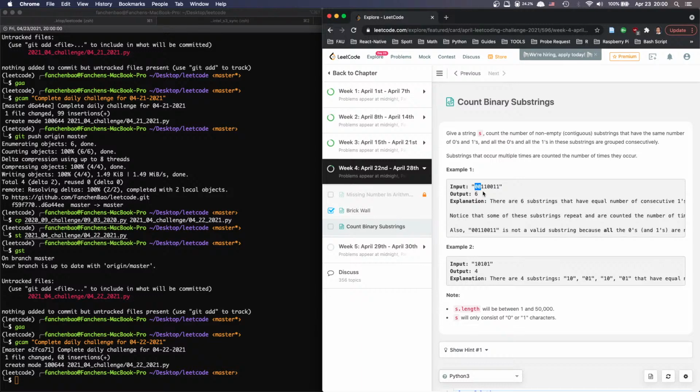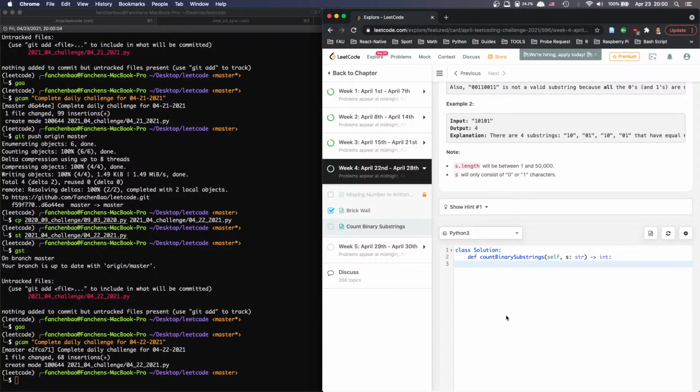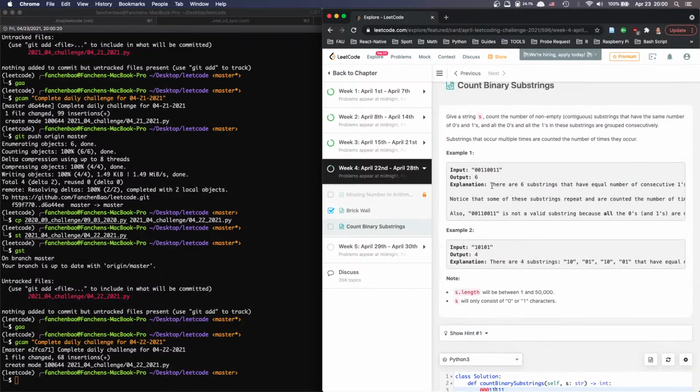Like if we have 0, 0, 0, 3 zeros, and 1, 1, we're going to have 2, the smaller of the 2, right? And if we have tons of 1s, that's also the smaller of the 2. So that can be 3. So basically, I think we just need to count the consecutive 0s and 1s as we go through.